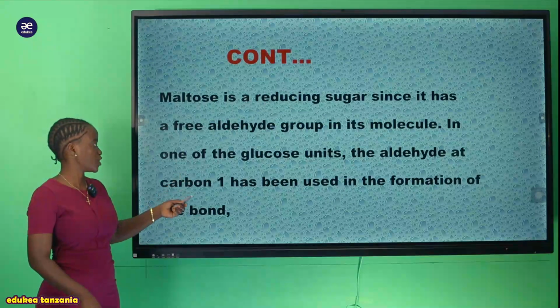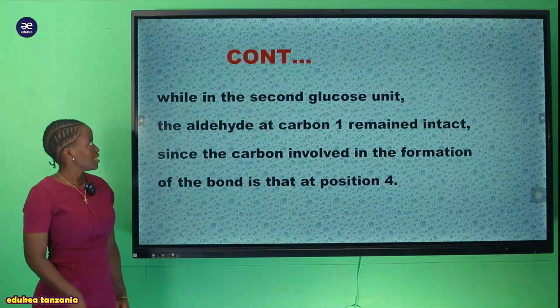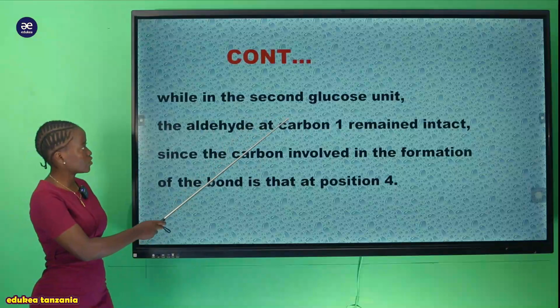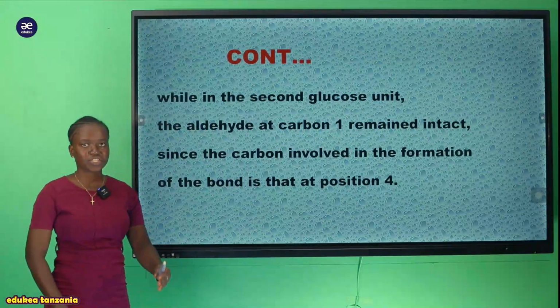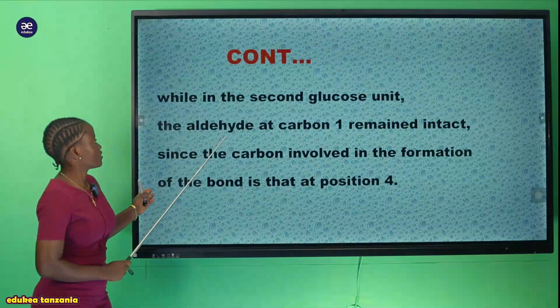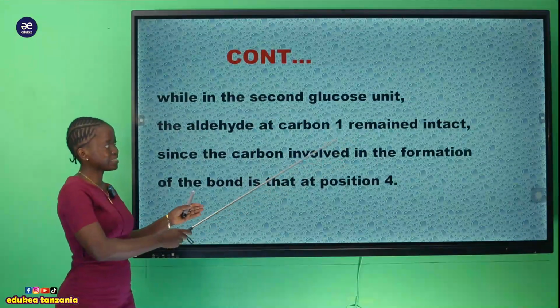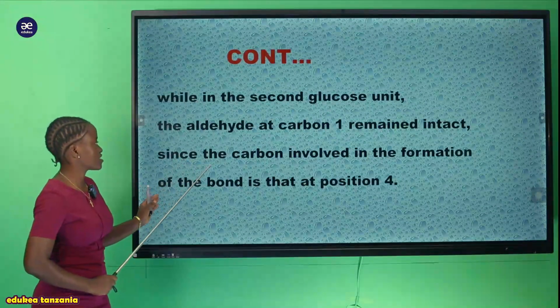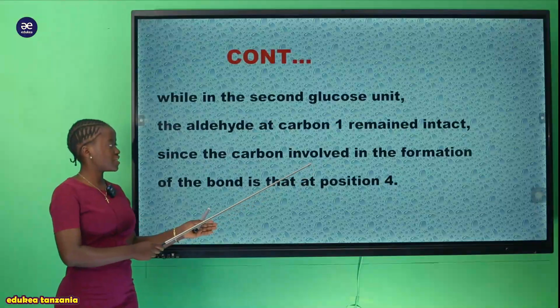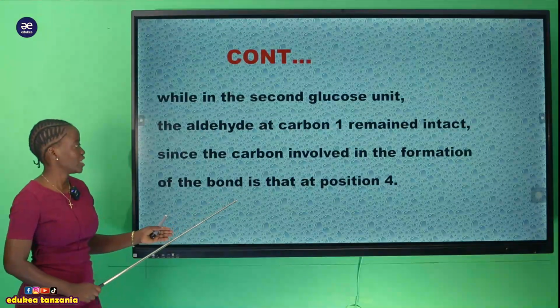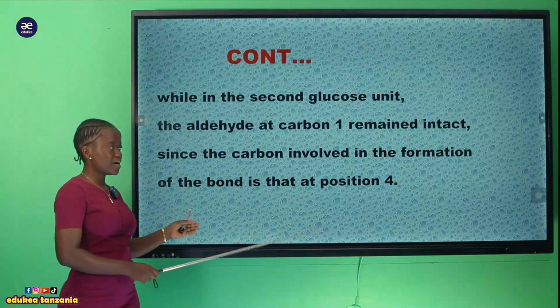While in the second glucose unit, the aldehyde at carbon number 1 remains intact, since the carbon involved in the formation of the bond is at position number 4.